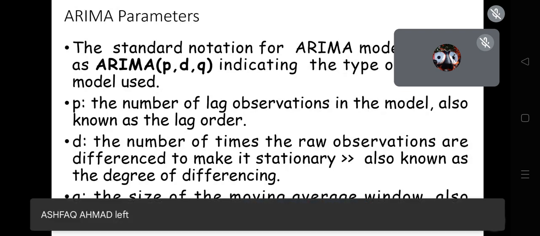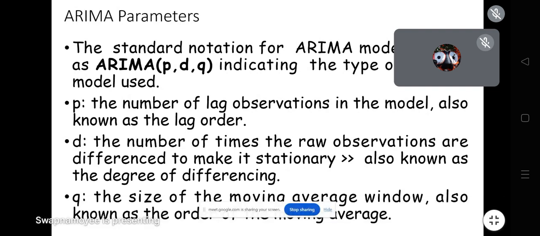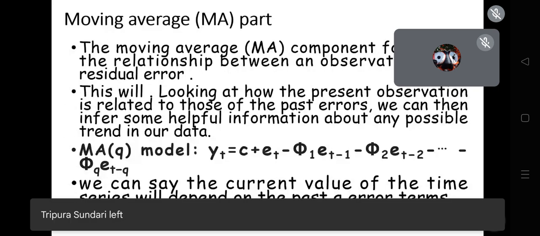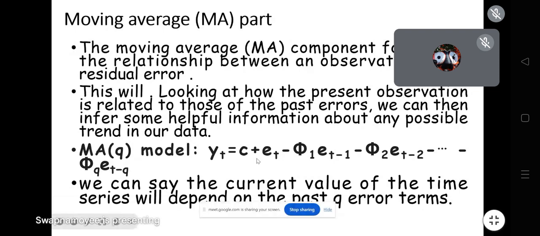And q is about the moving average. That means how many years back your error terms go. After removing all these components, what is left is random error. This error may also be correlated with its past values. How many lags of past errors it is correlated with is your q element in ARIMA modeling. Let us see a moving average model, where you regress the Yt values against the error terms.